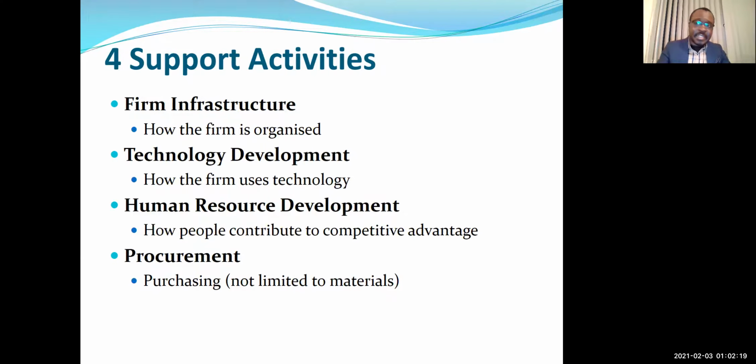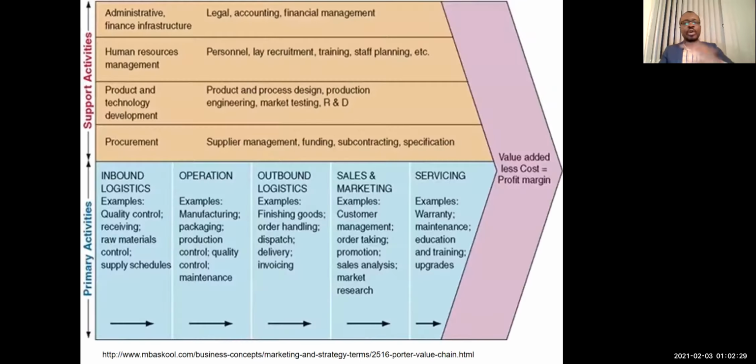And procurement, purchasing, which is key to any other business operation, whether service or production. So procurement should also be key. They put all of these in this matrix, right? On the horizontal base down there, you find the 5 primary activities, and on top, we have the supporting activities.